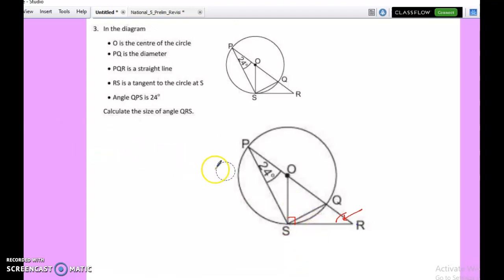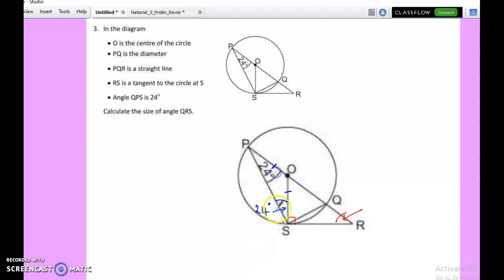This triangle in here, triangle POS, this line OP is a radius and this line OS is a radius. That means it's an isosceles triangle. Because it's an isosceles triangle, because these two sides are the same length, these two angles must be the same. So this angle in here must also be 24 degrees.